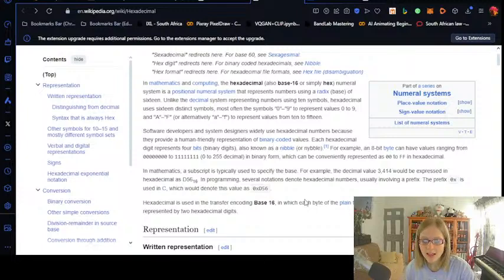In programming, several notations denote hexadecimal numbers, usually involving a prefix. The prefix 0x is used in C, which would denote this value. So you would say 0xD56.